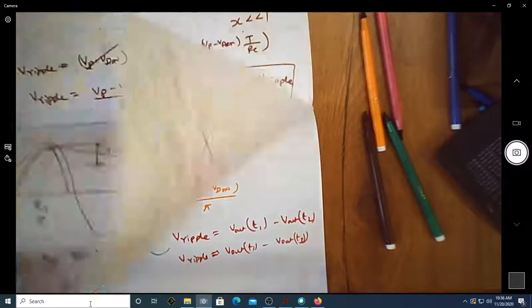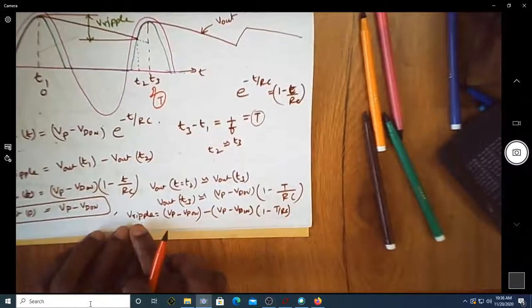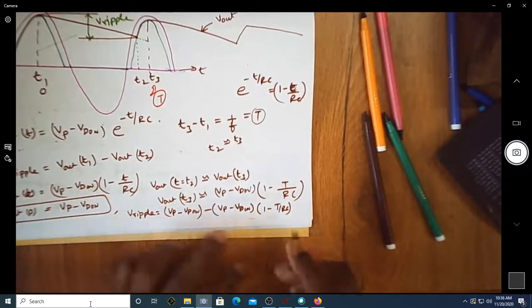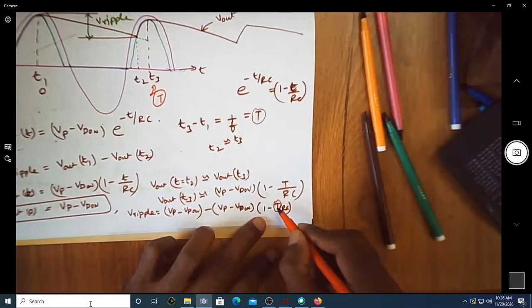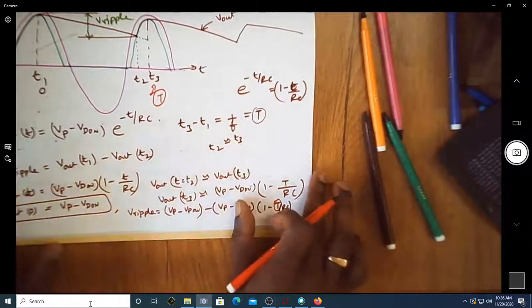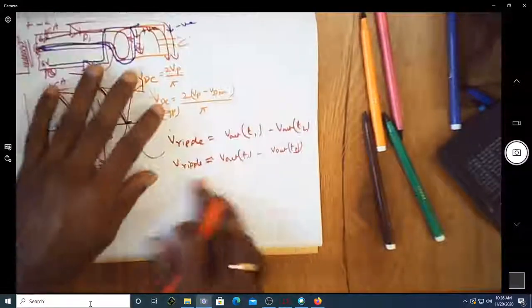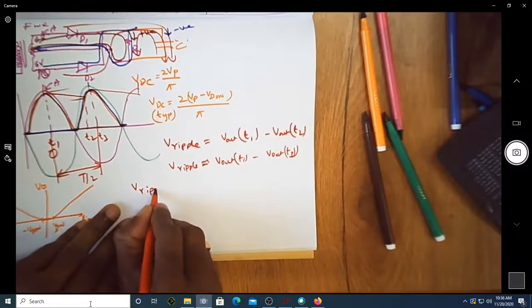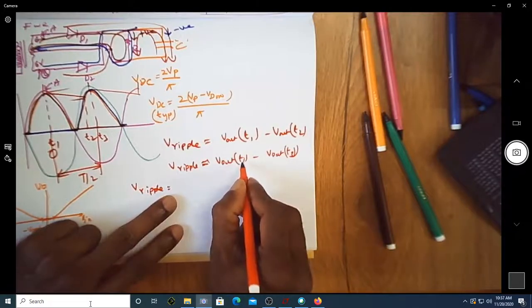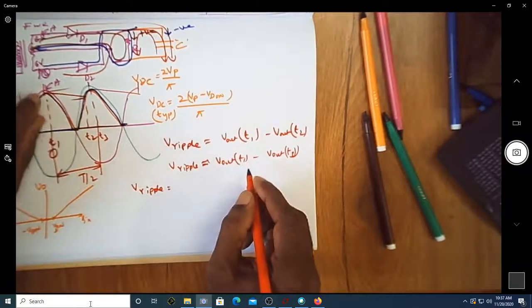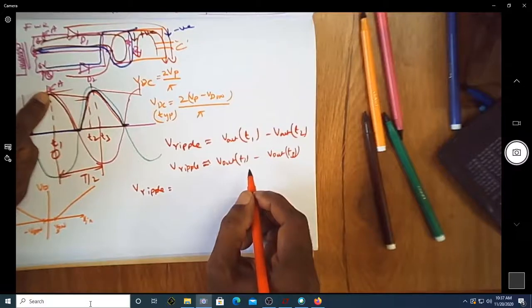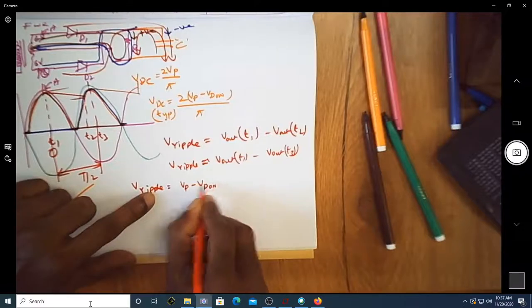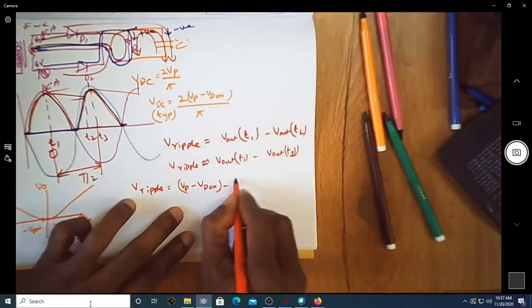So in this expression, wherever you had V ripple equal to (Vp minus Vd on) times T by Rc, this T will no more be T, it will be T by 2. So again I will write V ripple equal to, when you consider this equal to 0, the voltage when the capacitor is initially charged, Vp minus Vd on, and this is at T equal to T3.